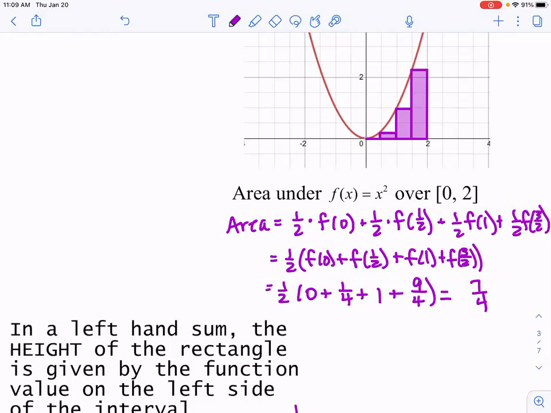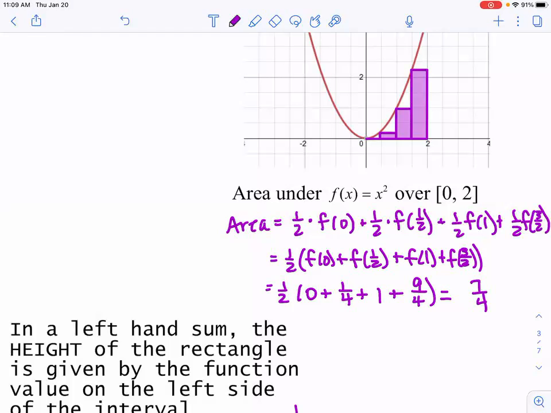Okay. So if we are doing a left approximation, we are going to start with the left side of our interval, and we are going to increase our x's by delta x until we get our n rectangles. See what I'm saying there? So if n was 5, I would keep adding 1/2 until I have 5 rectangles.